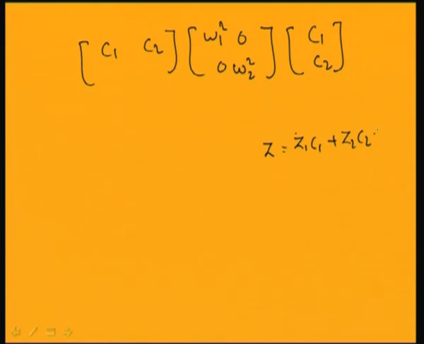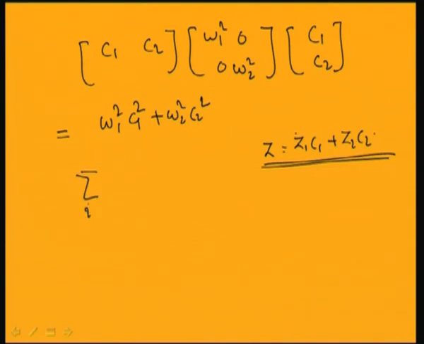From that you are getting these C1 C2 coefficients, and if you multiply this, it becomes omega 1 square C1 square plus omega 2 square C2 square. So, this you can write as summation omega i square Ci square.